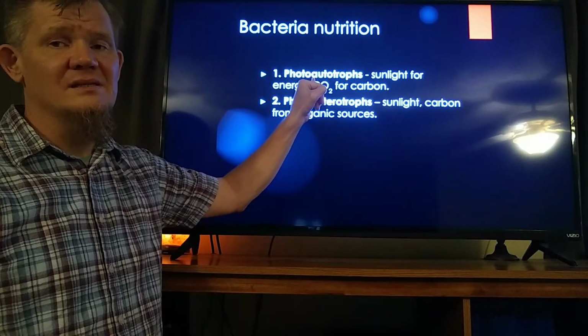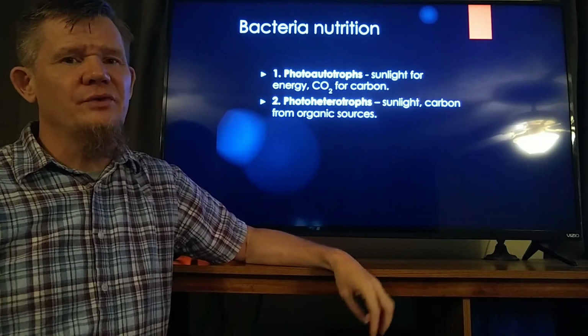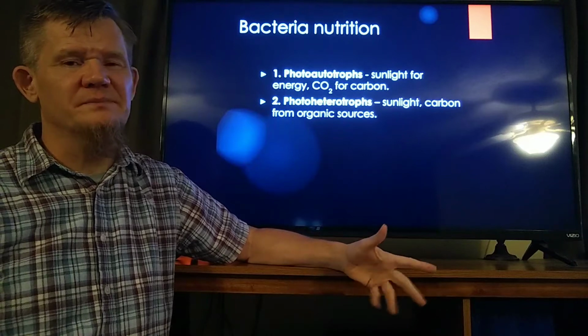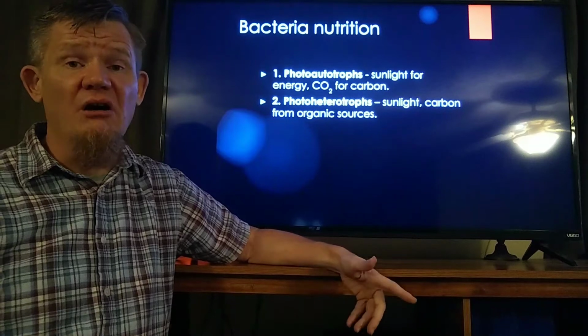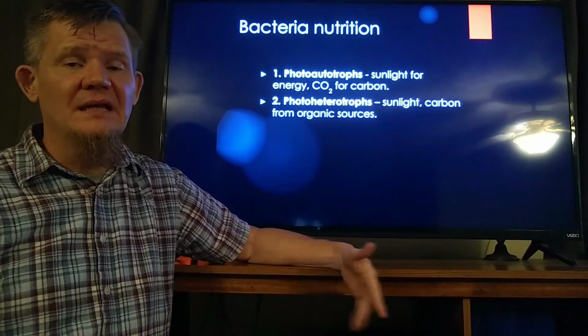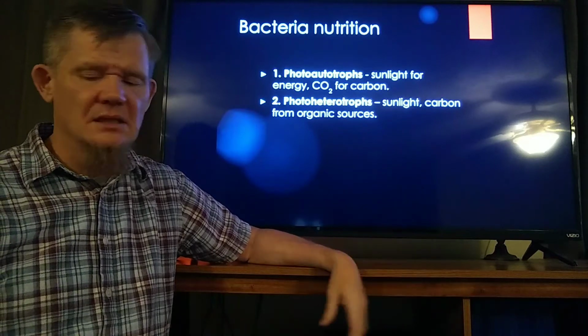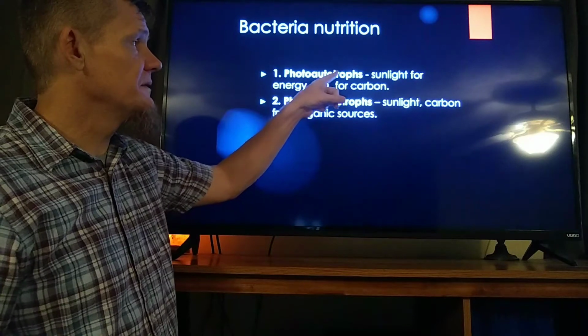Auto means self. Troph. What does troph look or sound like? Well, troph looks or sounds like trough. And what is a trough? Like for feeding animals. So trough maybe means to feed or to eat. So photoautotroph, light, self, feeder.